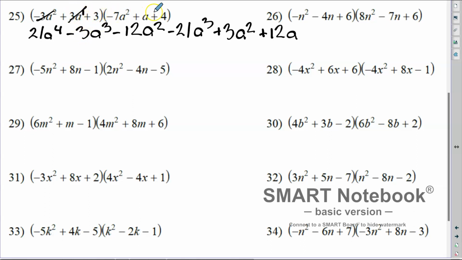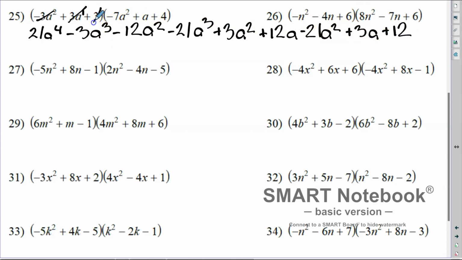Now this guy goes to all three. So minus 21a squared, plus 3a, and plus 12.